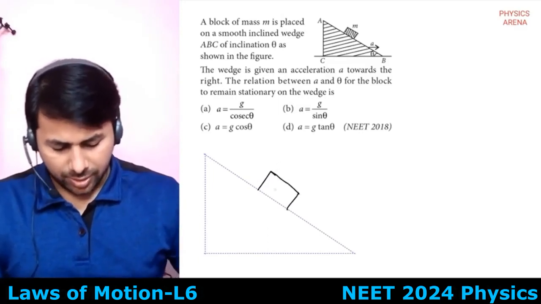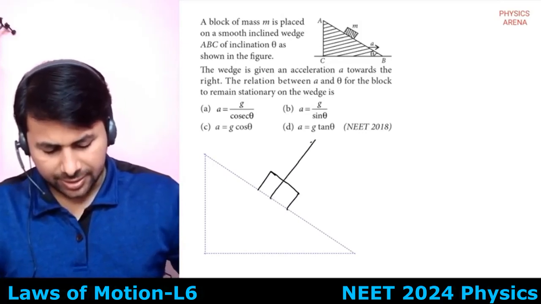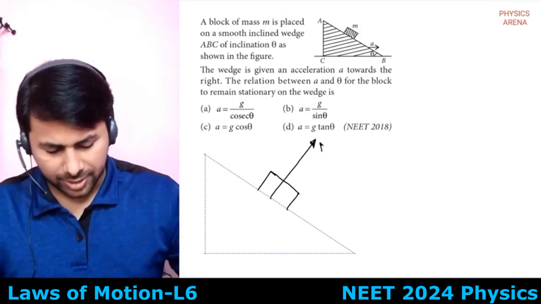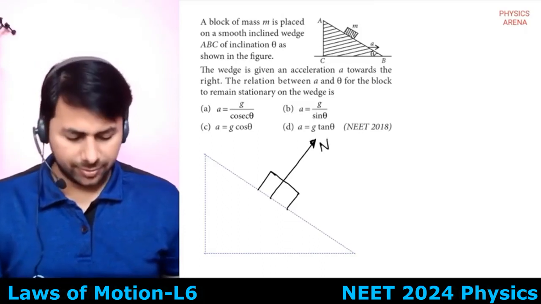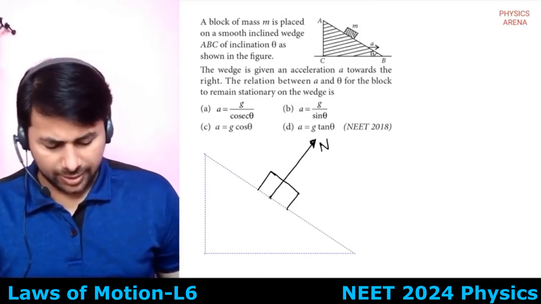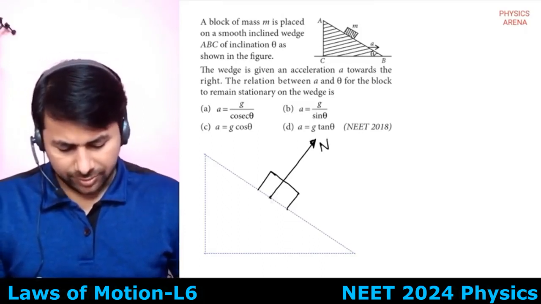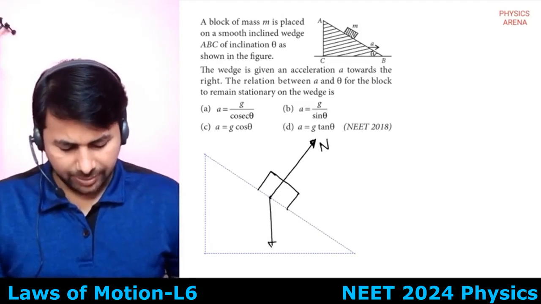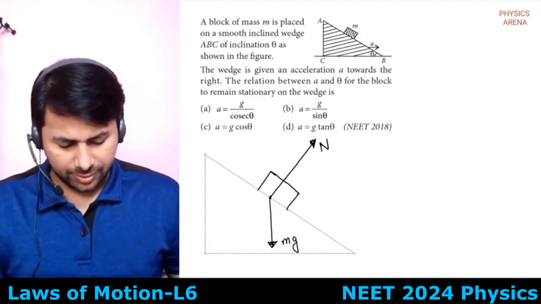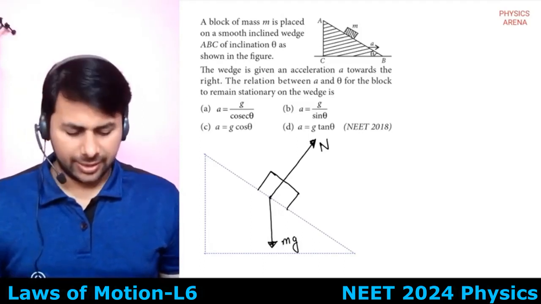Now, see, the normal reaction is acting in this direction, equal to N, and then its weight is acting downwards. It is mg, right?